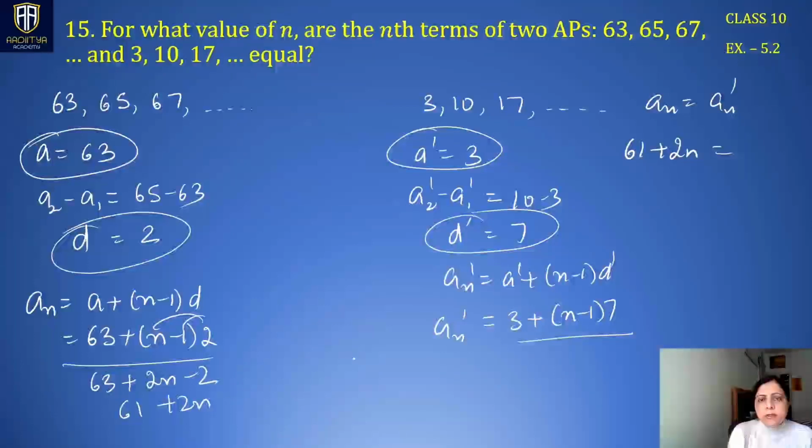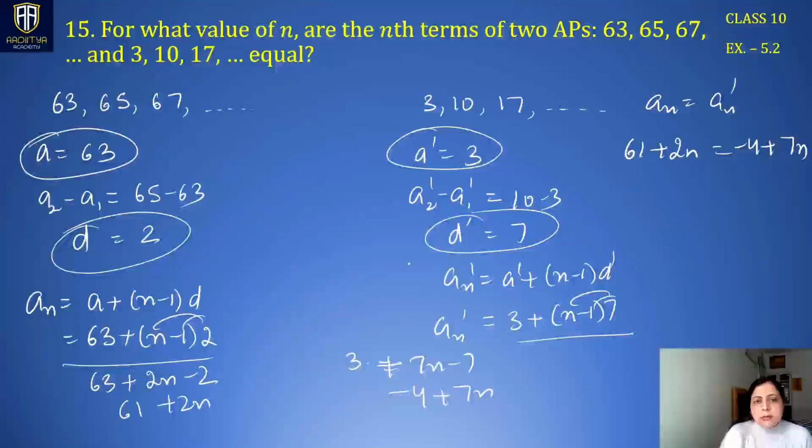In case of a_n', it is 3. a_n' is equal to 3 plus 7n, 3 plus 7n minus 7. 3 minus 7 is minus 4 plus 7n. So this is minus 4 plus 7n.